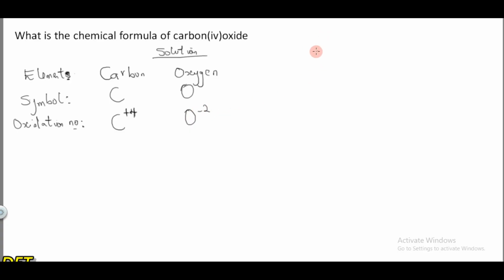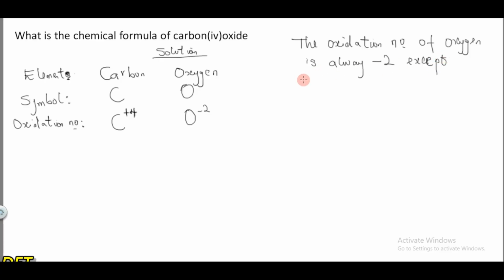So this is something that you should know, that the oxidation number of oxygen is always -2, except in peroxides.